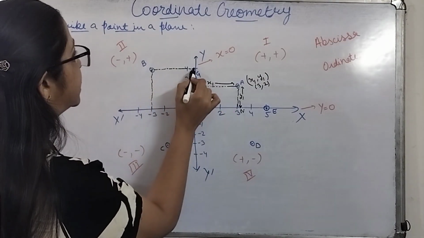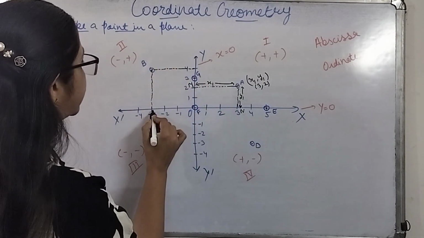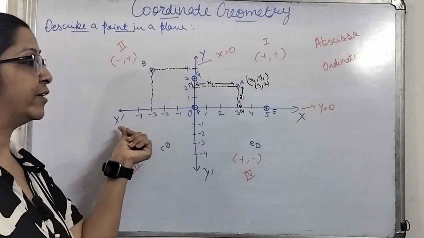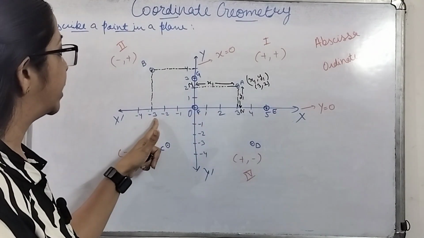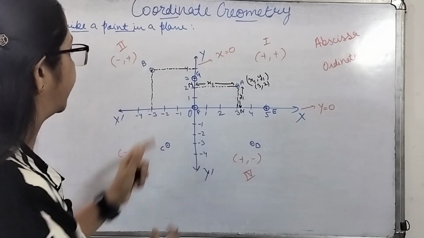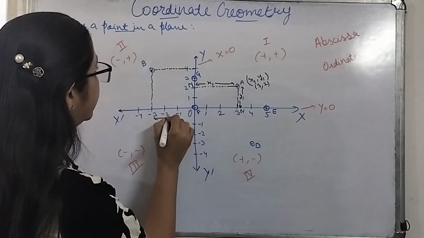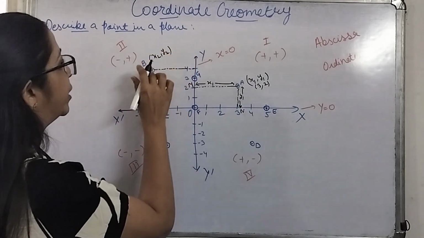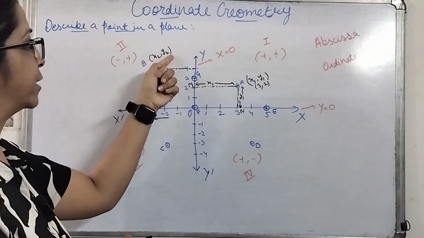Because it is in the negative direction of the x axis, its value is -3. Suppose I am taking the coordinates of this point B as (x2, y2).